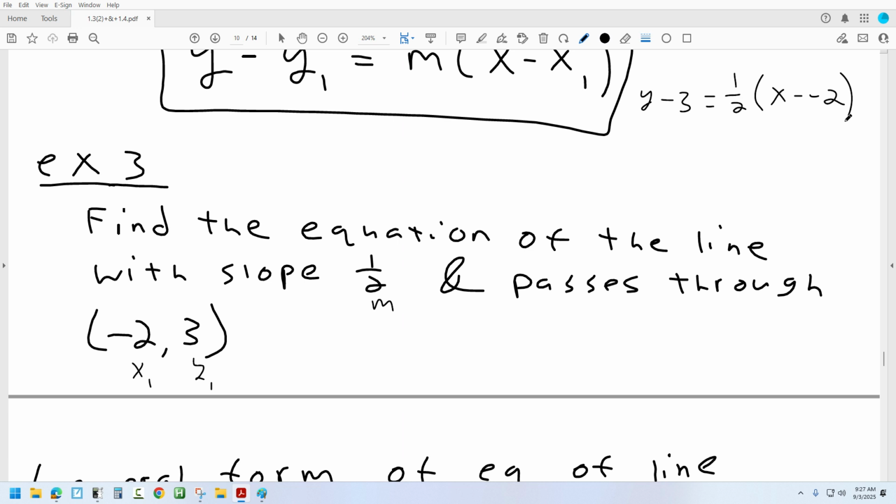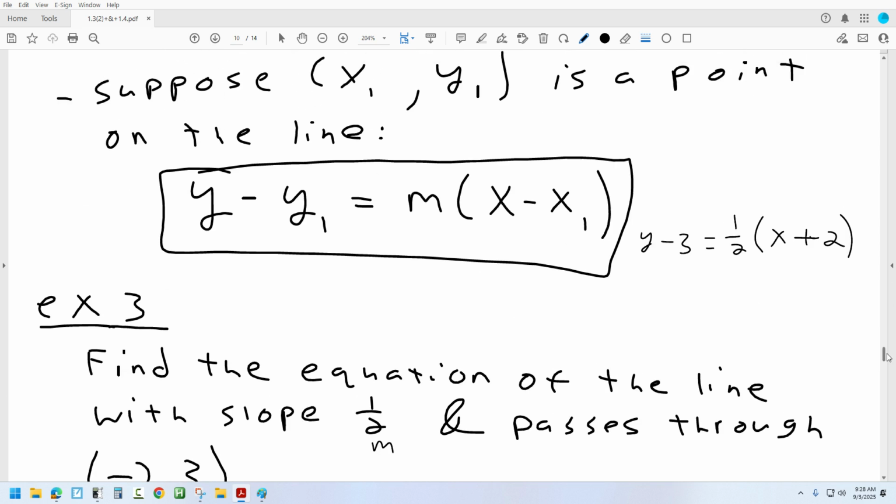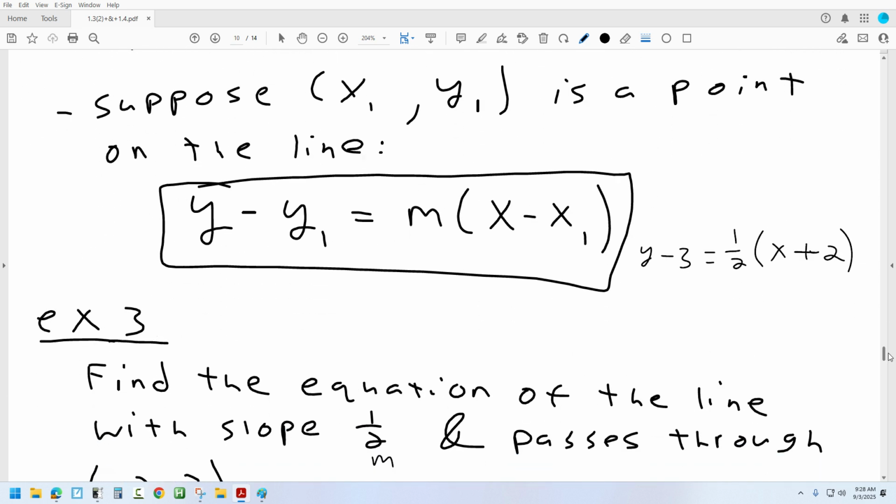Okay, so be careful there because it's x minus negative 2. What's going to happen right there with that minus and minus? Yeah, that's going to become a plus, so let's take care of that. And that is your answer in point slope form.